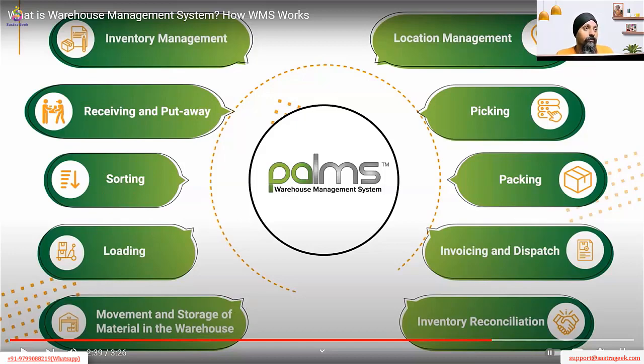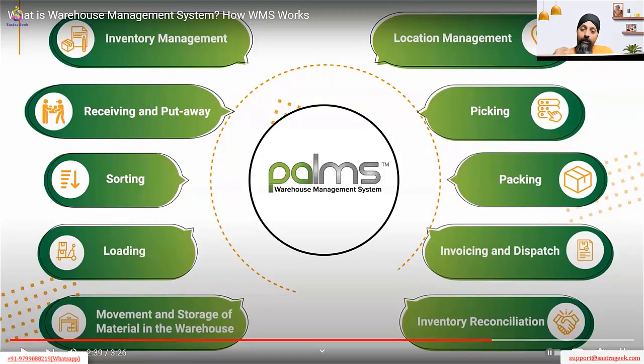Kaushal is asking, is there a difference between a warehouse and a distribution center? Basically, when we call it a distribution center, we call it that to distribute the product, which means we are at the outbound part of the logistics. But when we call it a warehouse, it's just a storage of the material.